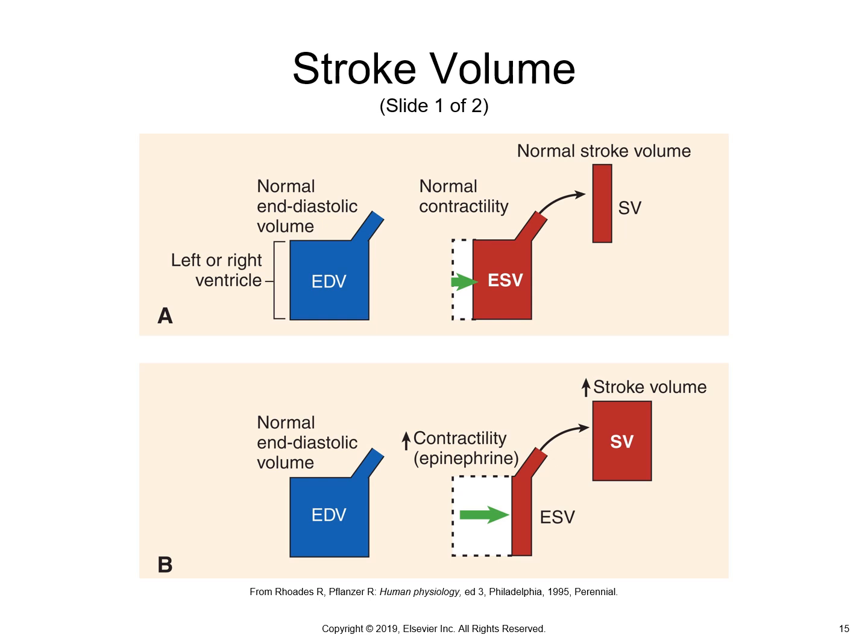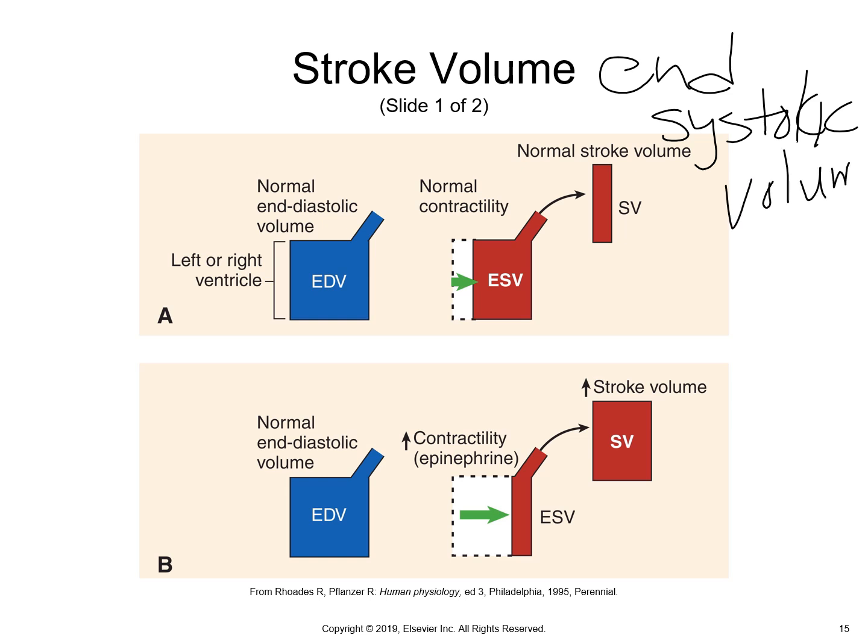The end diastolic volume, which is here, is the amount of blood in our ventricle before contraction. And then we have the end systolic volume, or the ESV, in red over here.